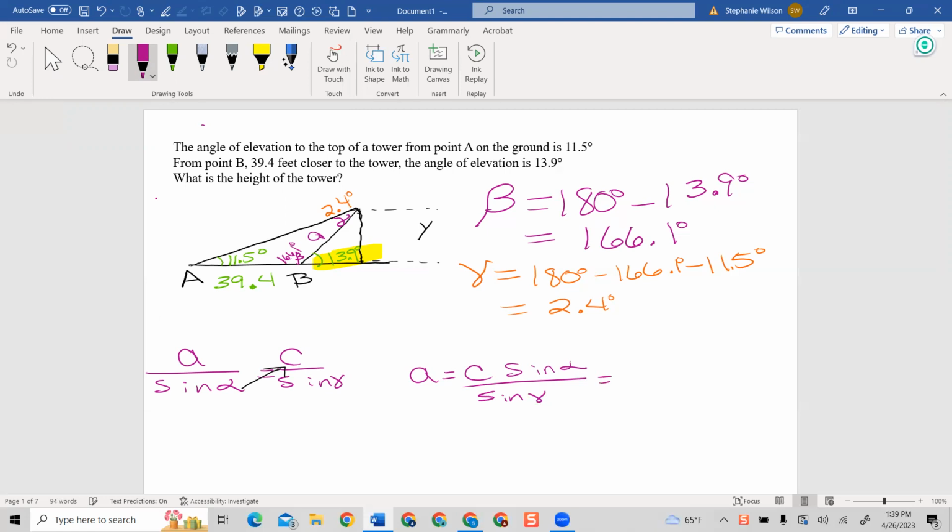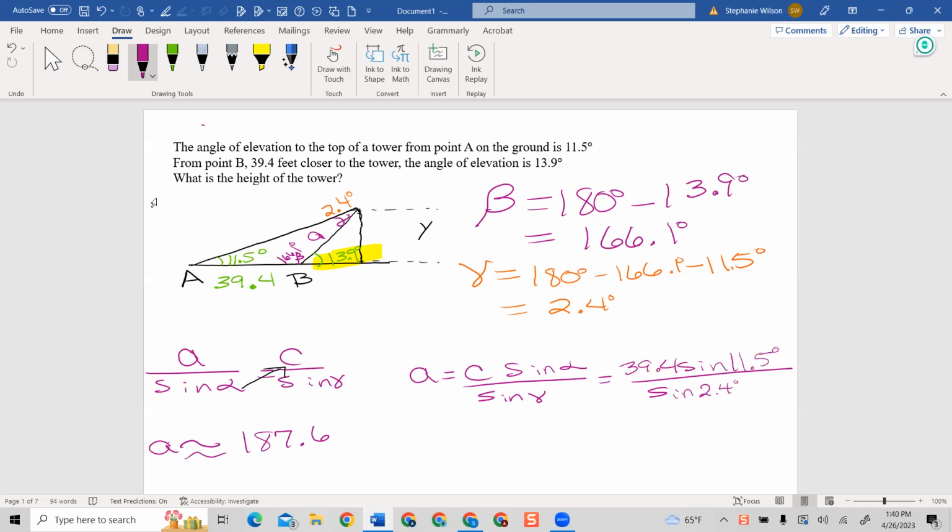Let's plug in: C is 39.4, sine of alpha is 11.5 degrees, all divided by the sine of gamma, which is 2.4 degrees. Rounding to the nearest tenth, I got 187.6.